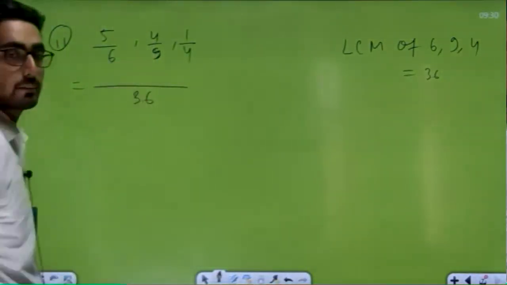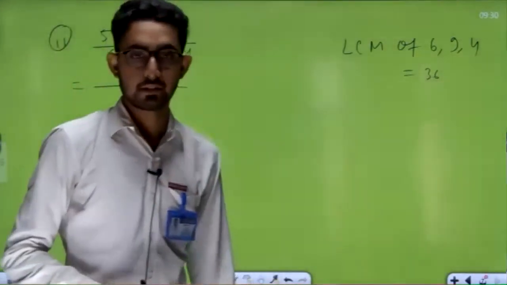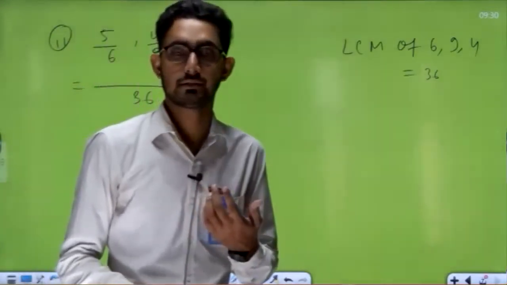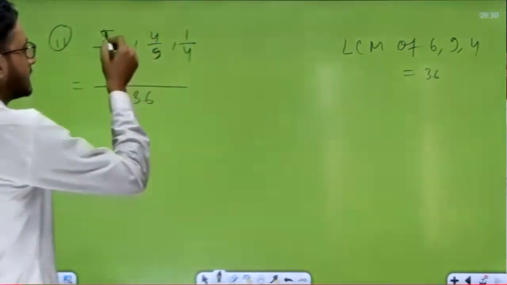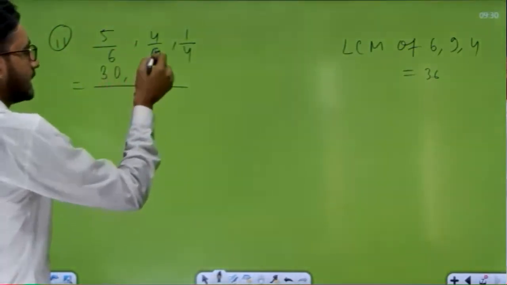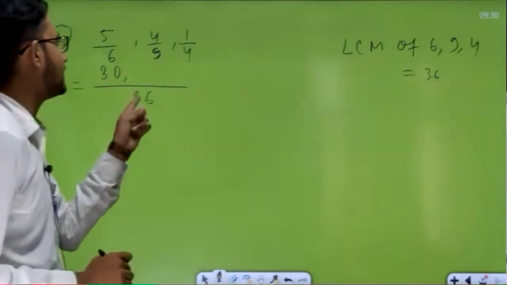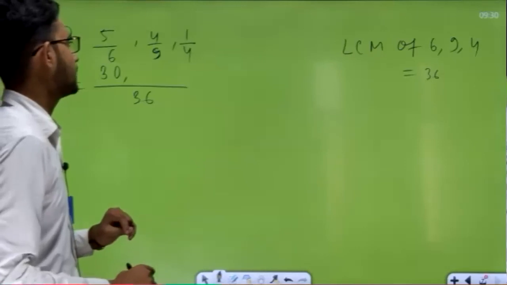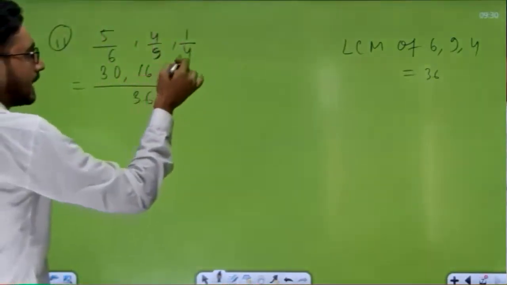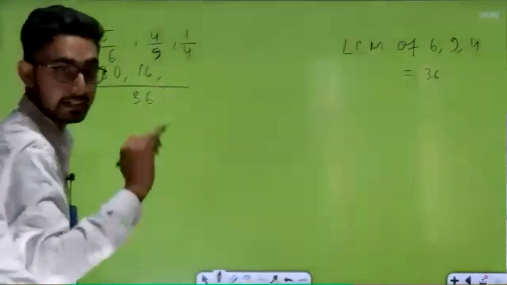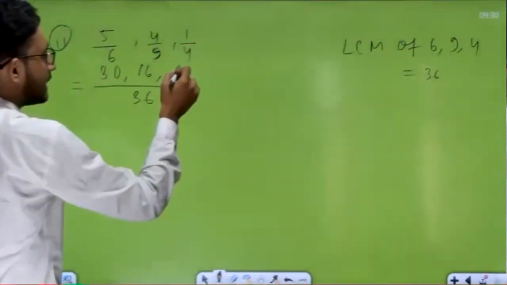Now 6 how many times? See here, 6 times. 6 into 5, 30. Now 9, how many times is it coming? That is 4 times. 4 multiply 4, 16. And 4, how many times? 9 times. So 9 multiply 1, 9.